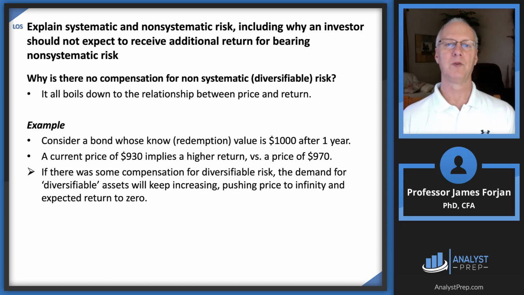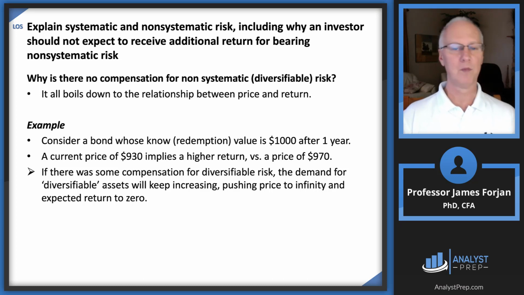And let's suppose that the current price is $930. Well, we could do the math and figure out what the return is on that $930. But let's suppose that for some reason the price was $970 instead of $930, and we could compute that return as well. But clearly, if you pay less for the bond, if you only pay $930 and you're going to get $1,000 in a year, that return is higher.